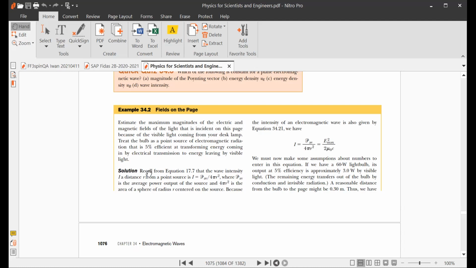Okay, so the intensity, as mentioned before, is related to the power over an area. So the area we choose is the sphere, okay? Because this P average, this I here equals this one.